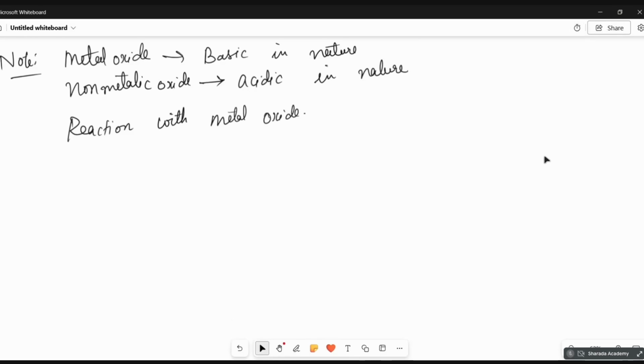Now, reaction with metal oxide. Metal oxide plus the acid, you will get salt plus water.